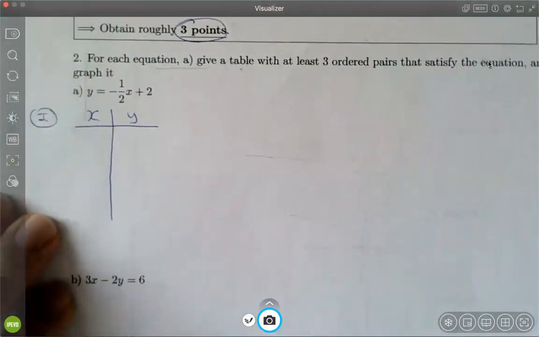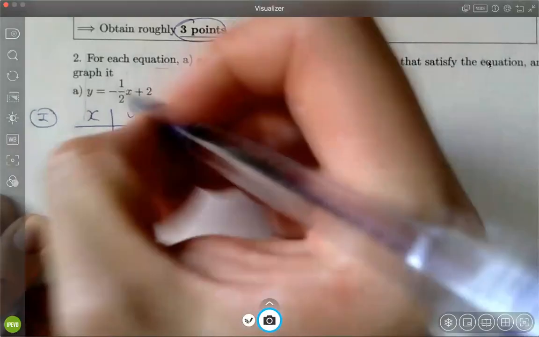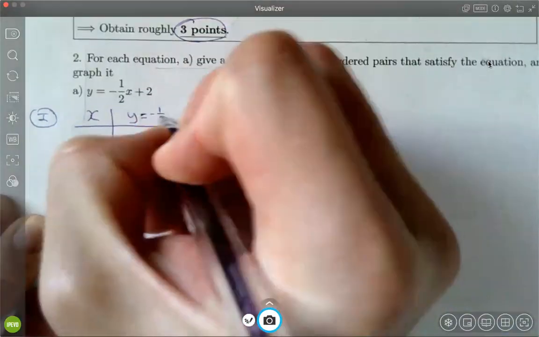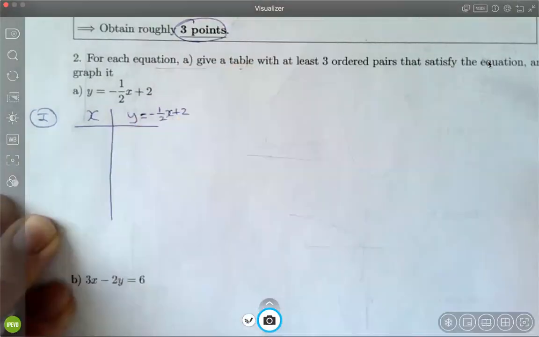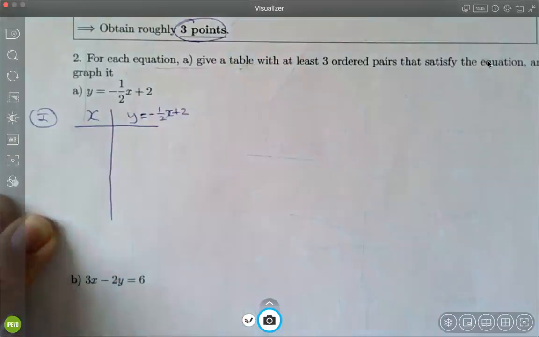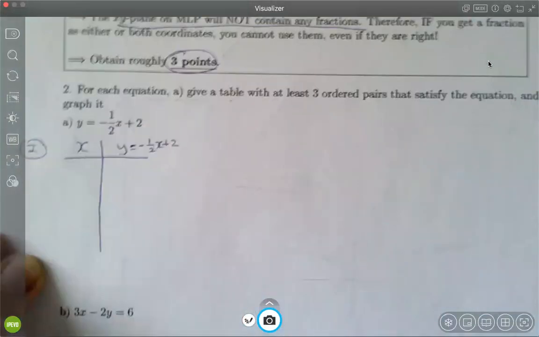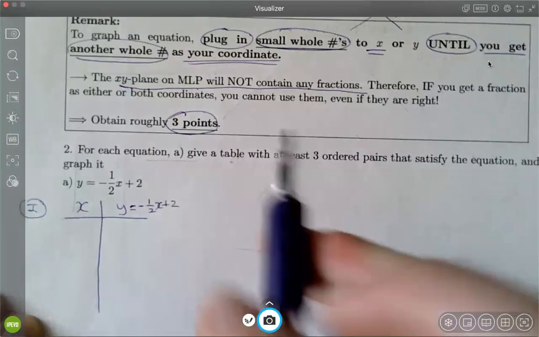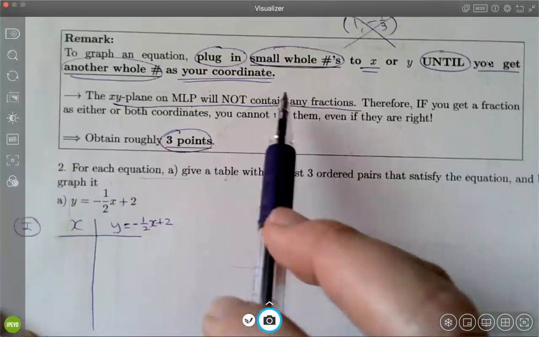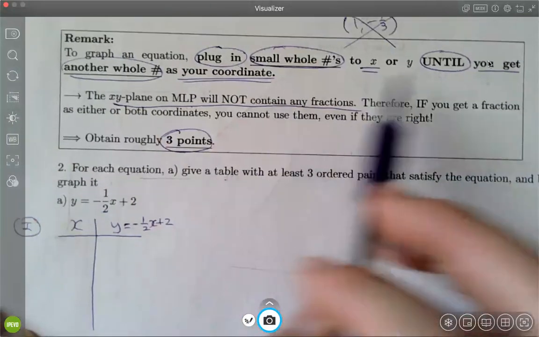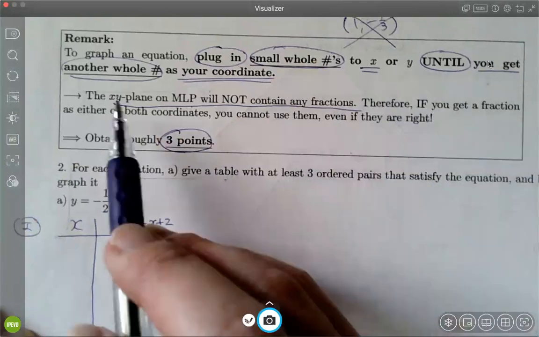Does it look familiar? Yeah, okay. So remember, y is negative 1/2 x plus 2. So let's plug in some small whole numbers to x until we don't get any fraction for y.